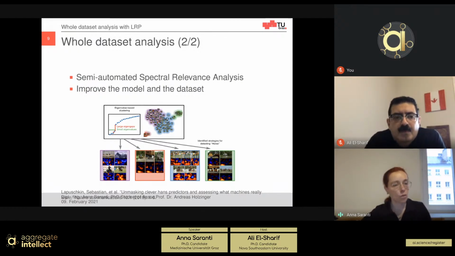And this is why the neural network decided on that particular class all the time, which was actually wrong. So LRP also provides us actionable insights, not only to change the model and check what's wrong in the model, but also to change what's wrong or potentially wrong in our dataset.